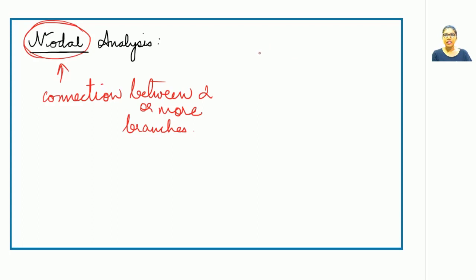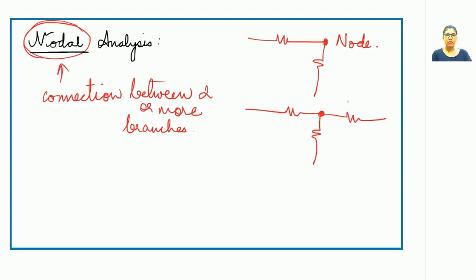A branch is a path that carries an element, and the elements could be sources or any passive elements comprising R, L and C. So if you have two or more branches in this manner, then this is called a node.